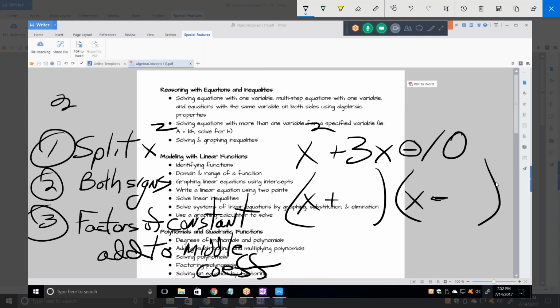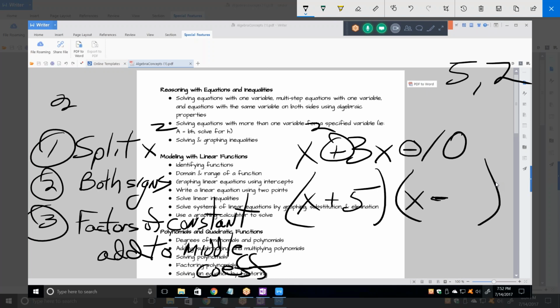So we know 5 and 2, but now we got a fourth step. We got to know which side to put the 5 on and which side to put the 2 on, because it makes a difference. And the answer is, take your biggest number, 5, and put it with the sign of the middle term. The middle term has a plus sign on it right there.